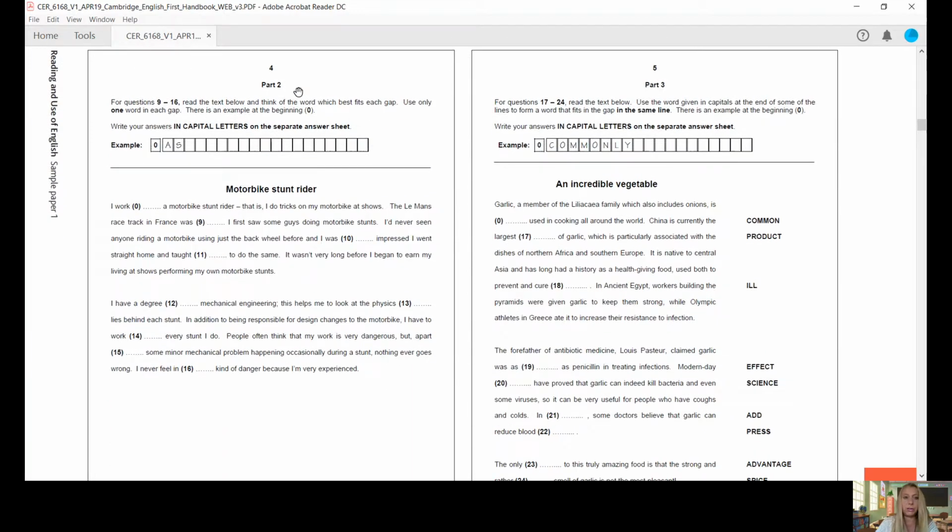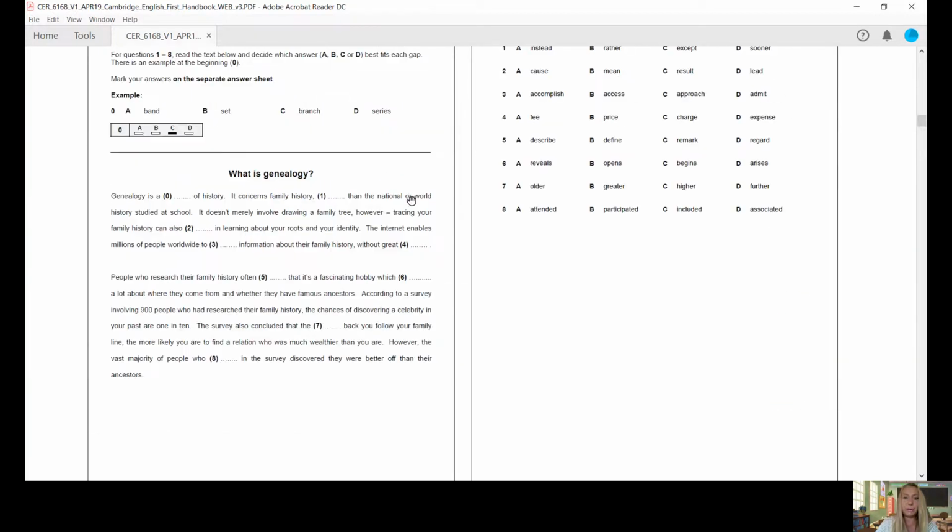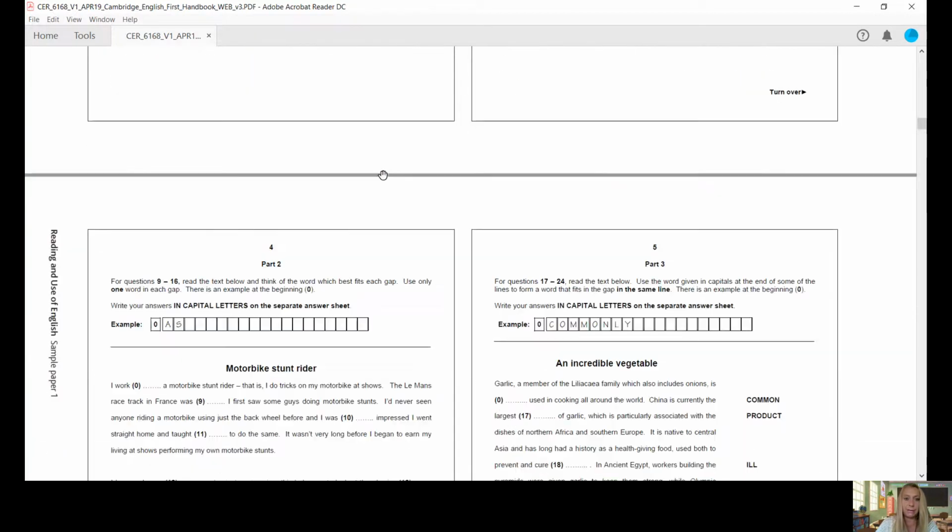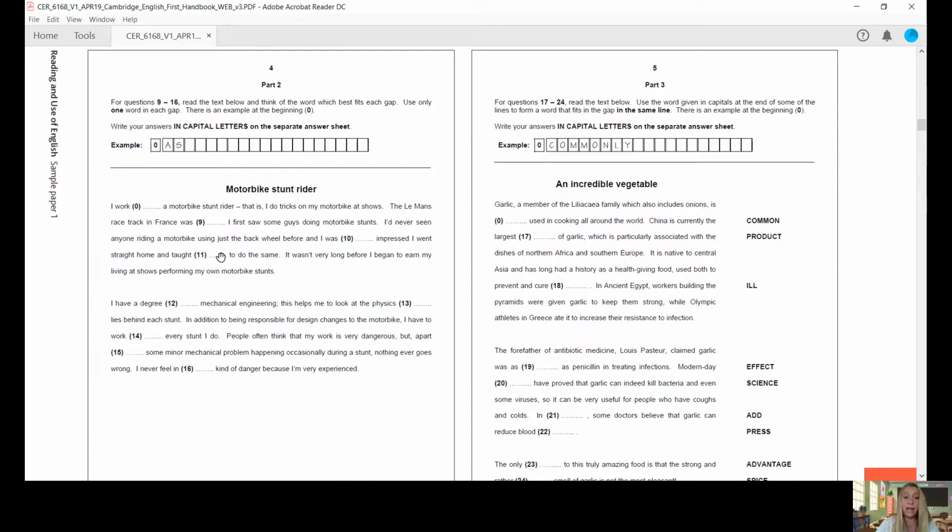Let's look now at part 2. For questions 9 to 16, read the text below and think of the word which best fits each gap. So it's similar to part 1, but the difference is you haven't got the words given to you. So you have to think, what word do you think is missing?